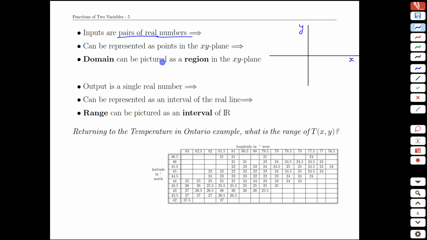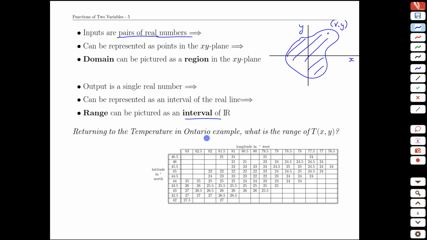And if that's the case, then the set of values that work for a function would be some region in the xy plane, not an interval like it used to be, but some set of xy pairs that work with the function. The output is a single real number though, so that doesn't change. That's going to be an interval of the real line.